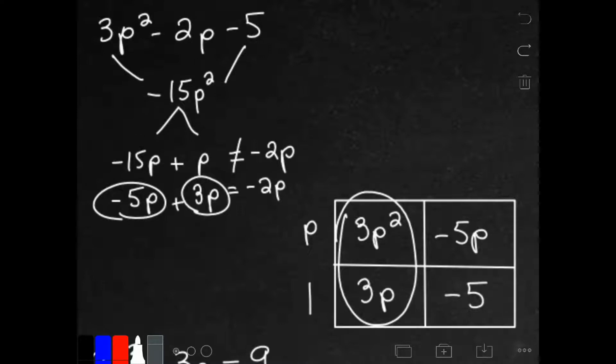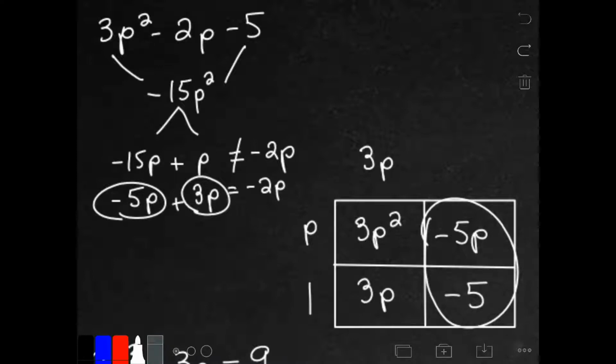I'm going to factor out the first column, so 3p squared and 3p. Well, I can factor out a 3p. And then negative 5p and negative 5, I can factor out a 5. Now, if we look at our original equation here, we see that we're going to need a negative here. So the question is, which of these two values, 1 and 5, is going to be negative?